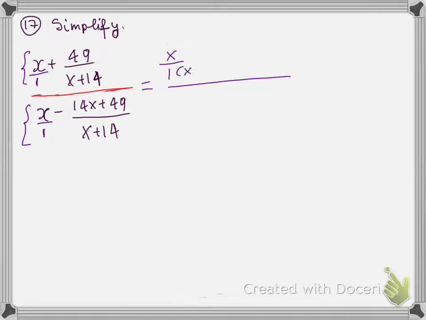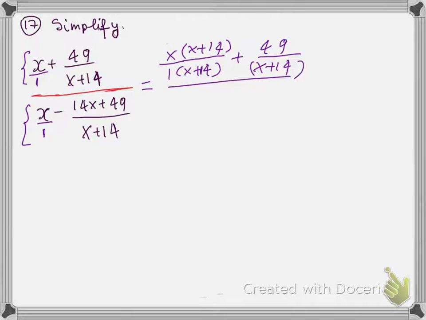We're going to multiply by x plus 14 to convert the first fraction into the denominator x plus 14. Multiply the numerator by x plus 14 plus 49 over x plus 14.